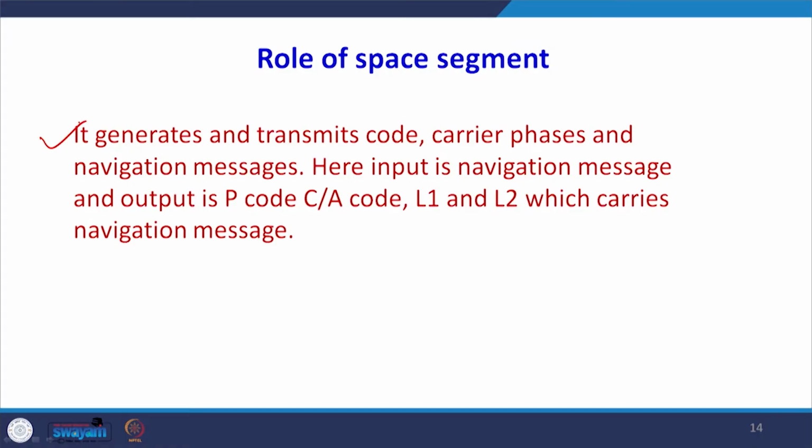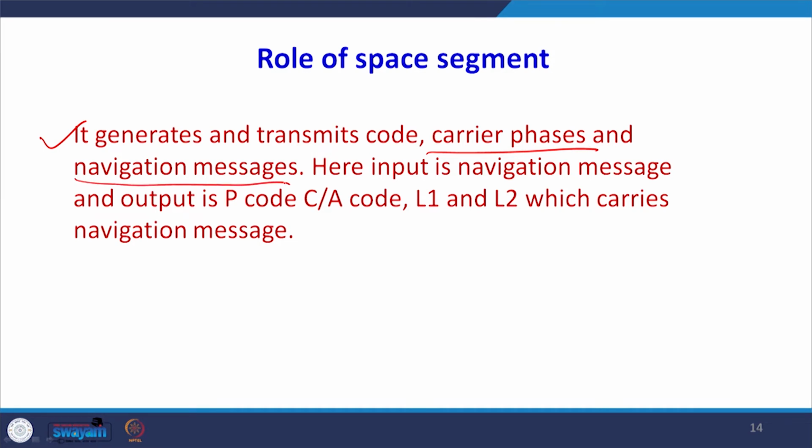Now, what is the role of the space segment? The satellites are moving, and they generate and transmit the code, and that code is in various phases. We are using the carrier phase to transmit it, and there are navigational messages along with the carrier phase.